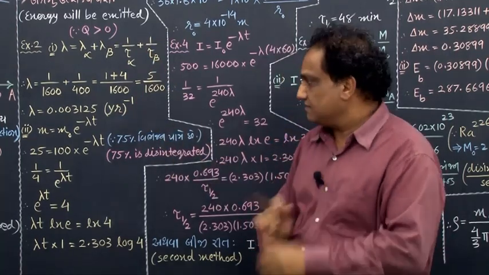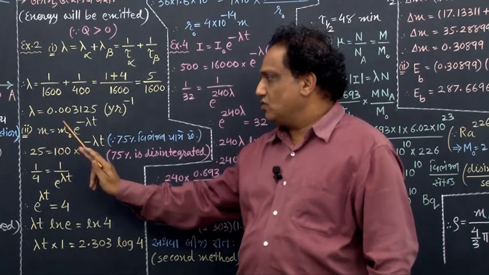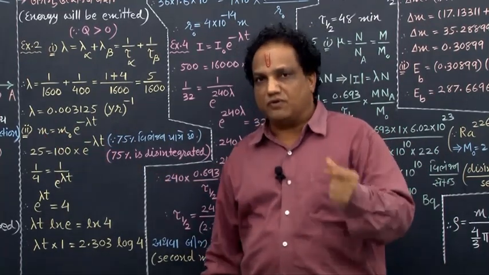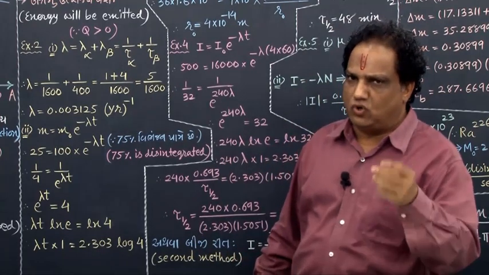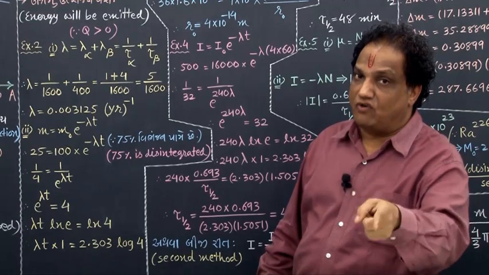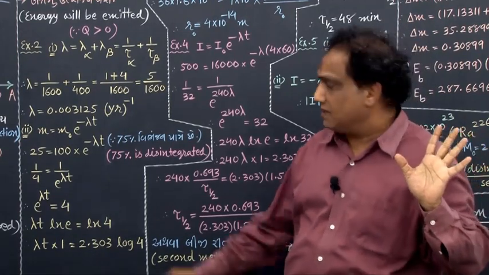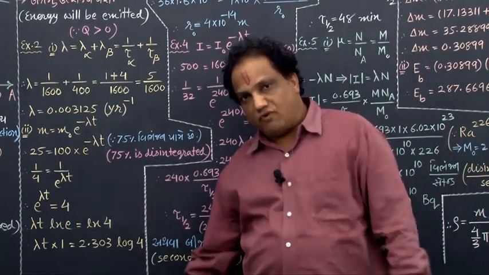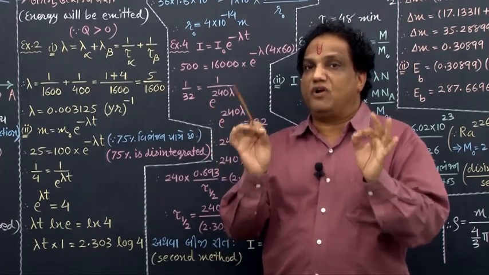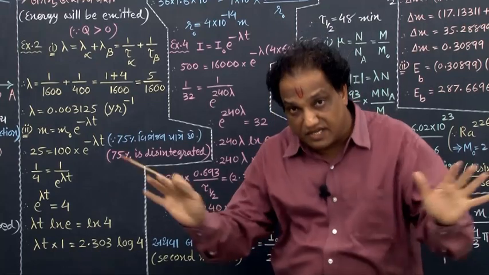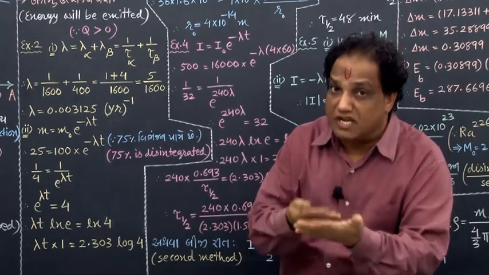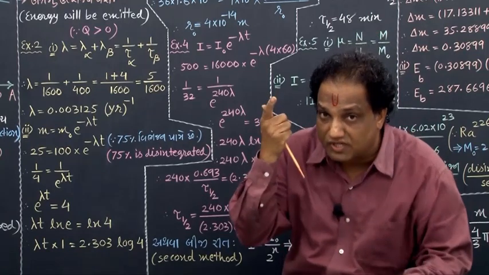Got it? Fine. M equals m0 e raised to minus lambda t. This is the exponential law for radioactive disintegration in terms of mass. Now what have they given in the statement? That in a particular time 75% of the element gets disintegrated. If 75% gets disintegrated, what is left in balance? 25%.